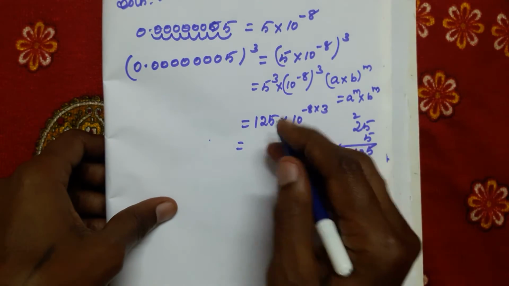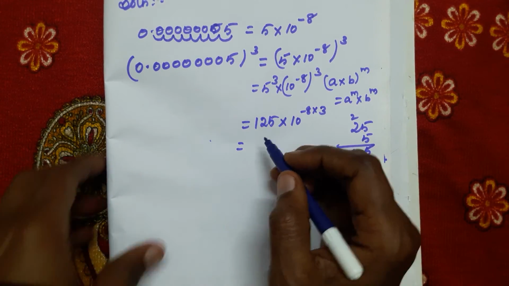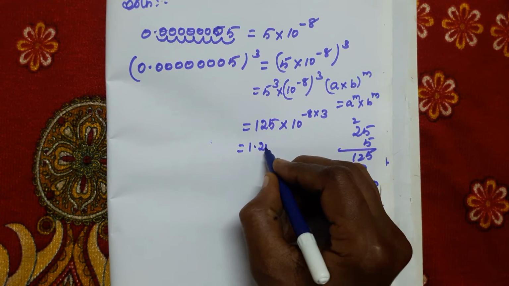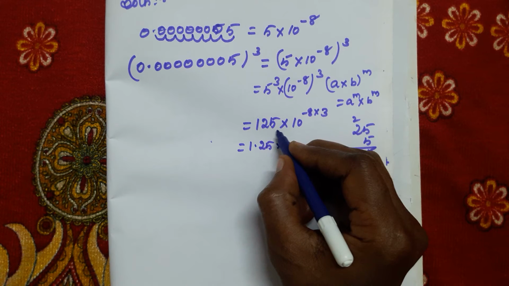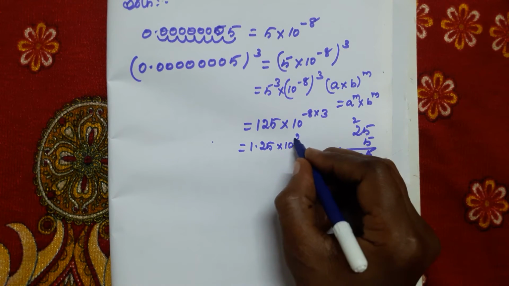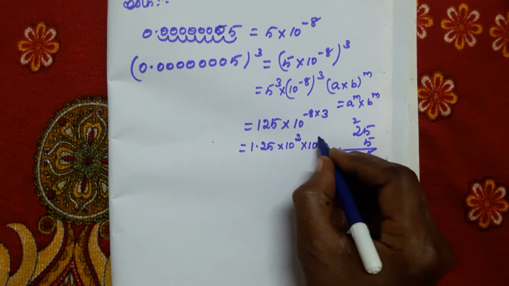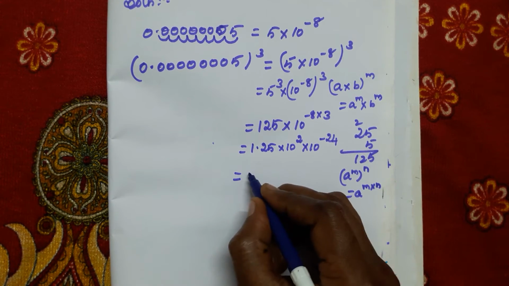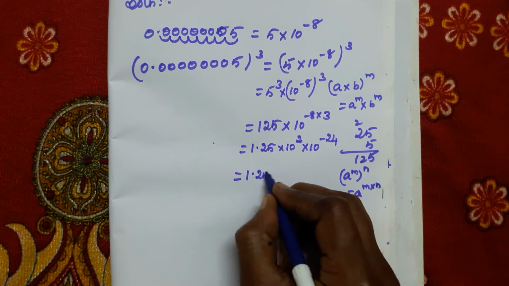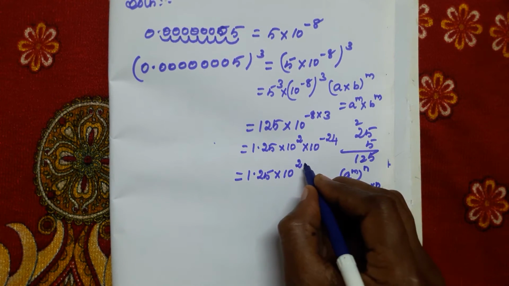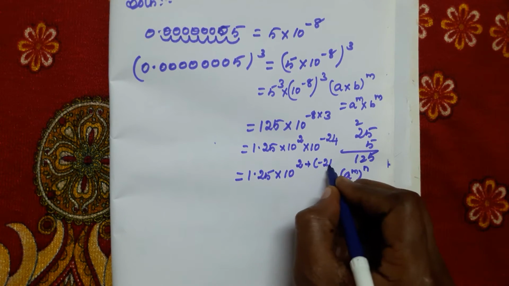When we convert to scientific notation, we get 1.25 into how many digits do we move the decimal point? 2 digits to the left. So 10 power 2 into 10 power minus 24, since 8 3s are 24. It's equal to 1.25 into 10 power 2 plus minus 24.